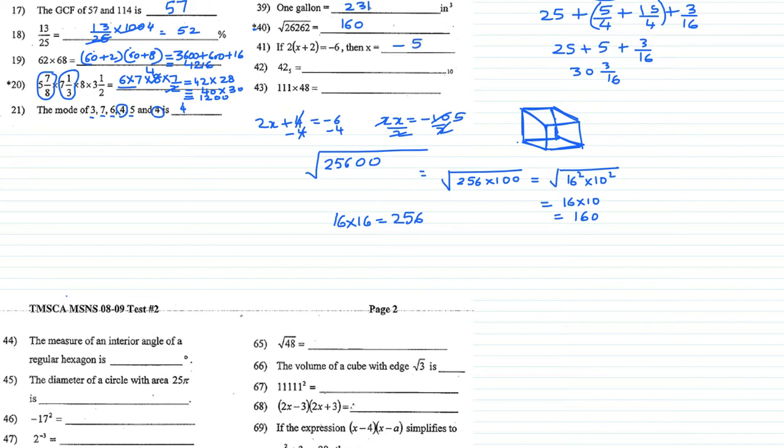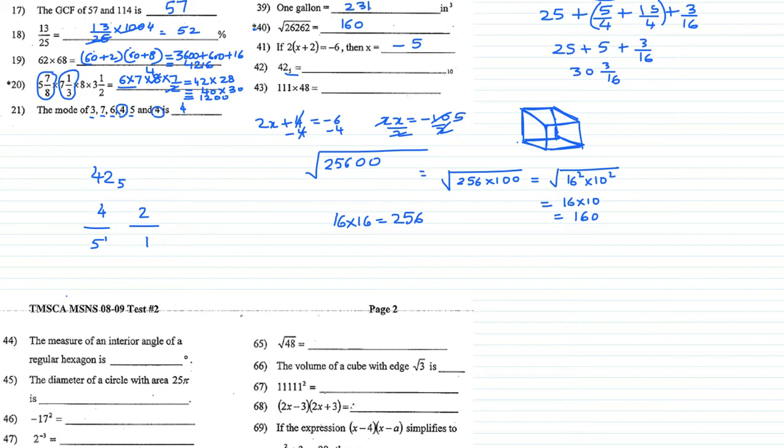Question 42. 42 base 5 needs to be converted into a number in base 10. So 42 base 5 means that the 1's value is over here, that's 2, and the 5's value, which is 5 to the power 1 value, is 4.